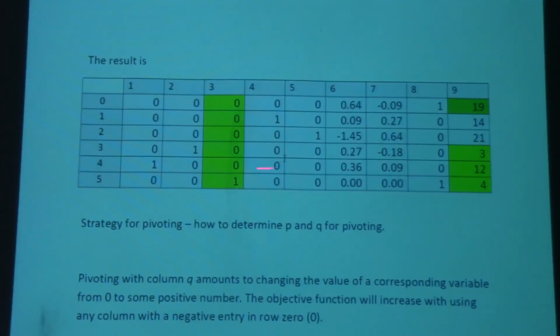So therefore the value of x1 is 12, the value of x2 is 3, and the value of x3 is 4. Got me so far?